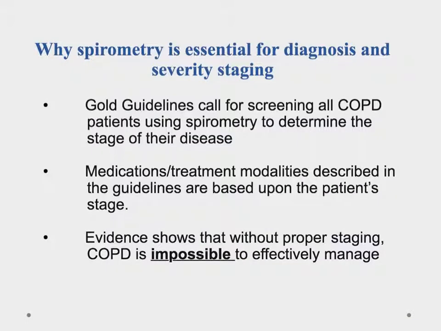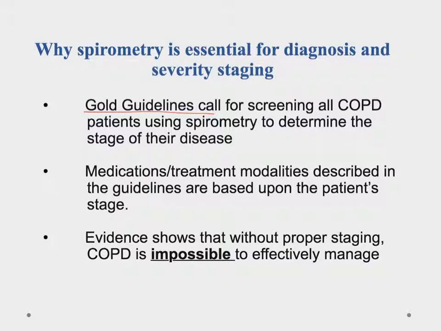This information I also got from respiratory therapy. It talks about why spirometry is essential for the diagnosis and severity staging. GOLD guidelines are recommendations from pulmonologists for the proper diagnosis and treatment of patients with COPD.